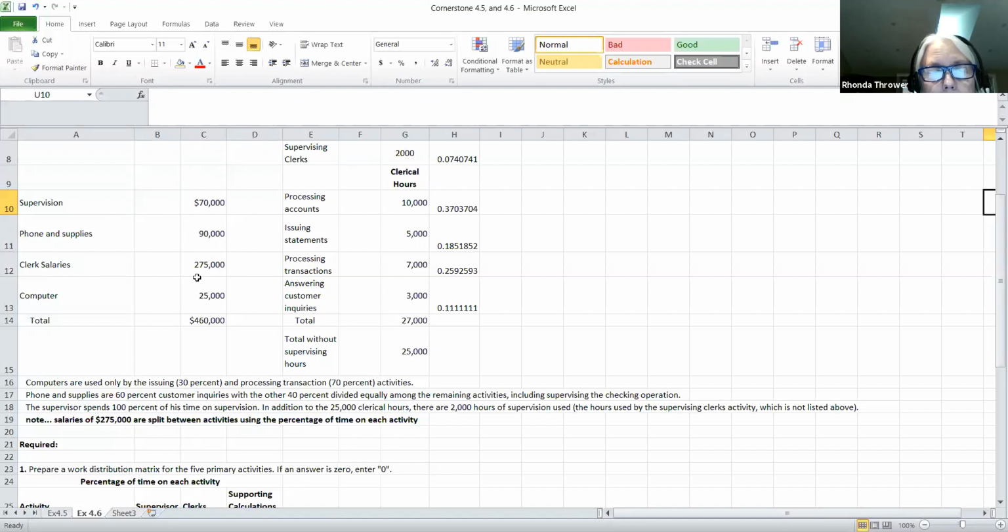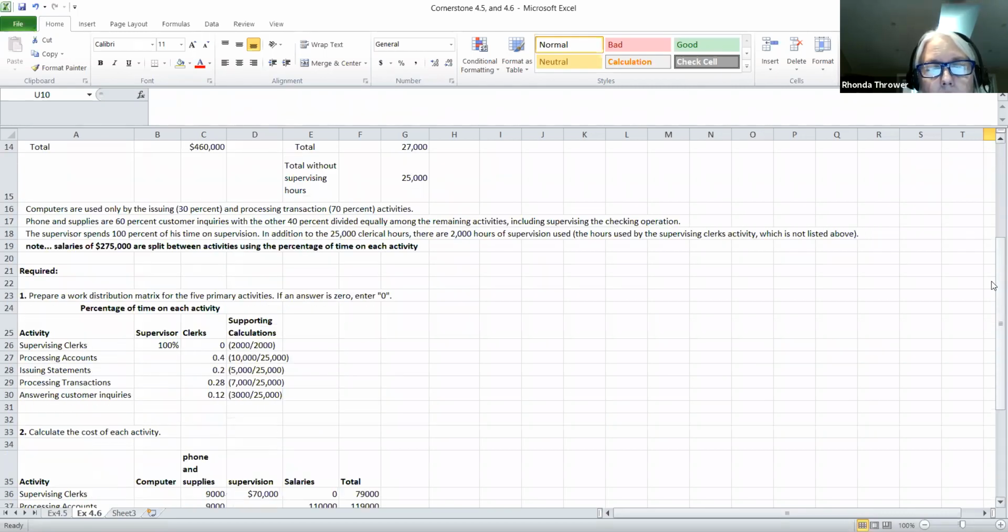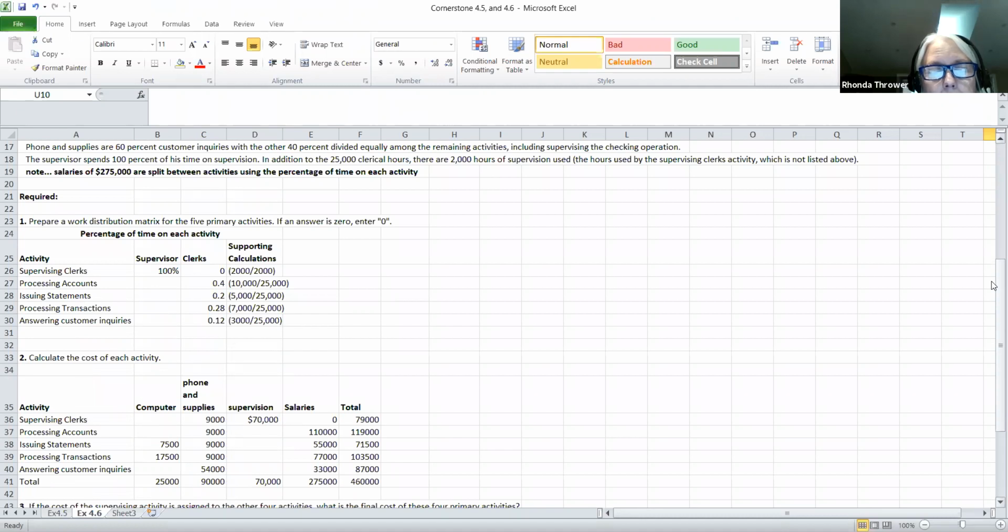So 275,000 of the salaries are split between the activities where they're using the percentage of time on each activity. That percentage of time on the activity is this percentage right here that they ask us to calculate in a matrix, which is just a table that would be set up to show how the activities are using their time, or what the percentage of time is on each one of these activities.